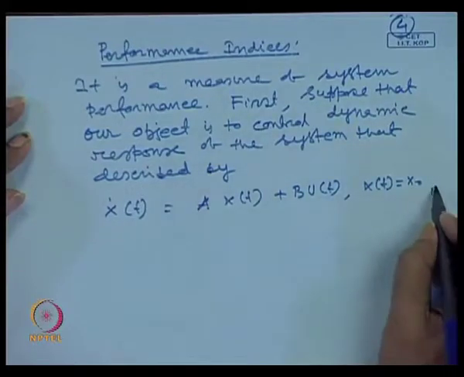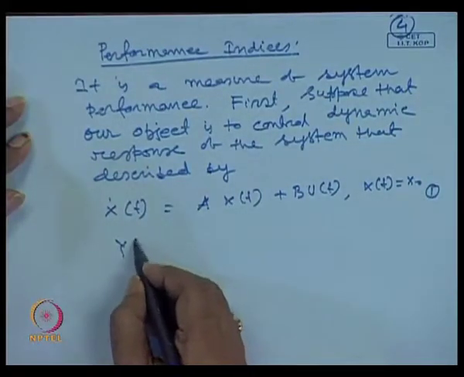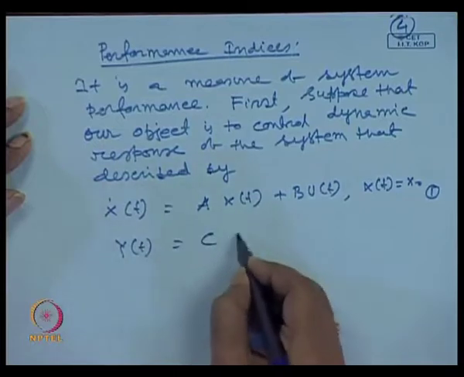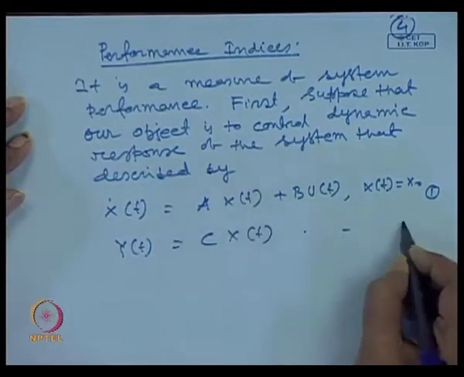Let us call this equation number 1. Our output equation is y of t is equal to C x of t.